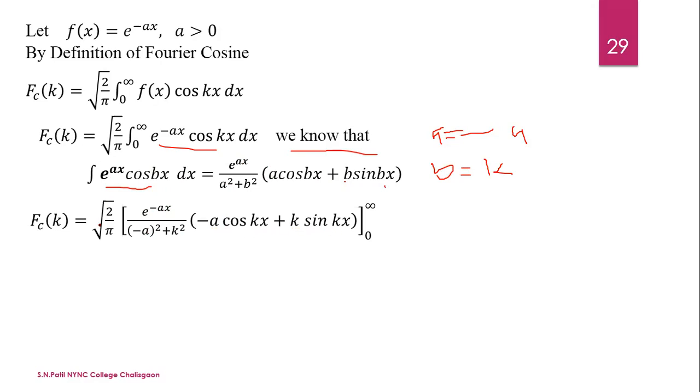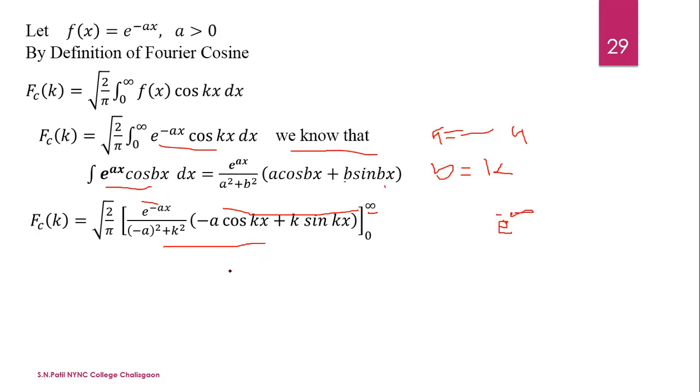Okay. Now we put upper limit and lower limit. When we substitute x is equal to infinity, there are two functions here. One is the exponential function and second is the circular function. The exponential function goes to zero faster as compared to the circular function. When we put x is equal to infinity, there is e raised to minus infinity.